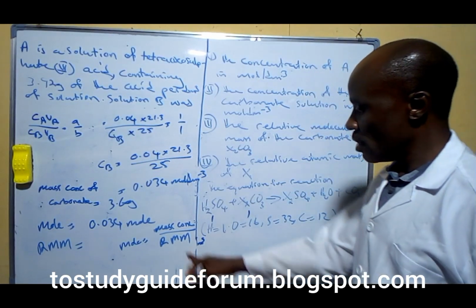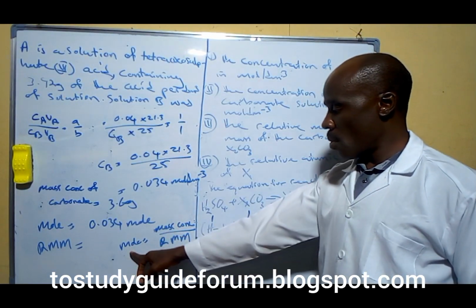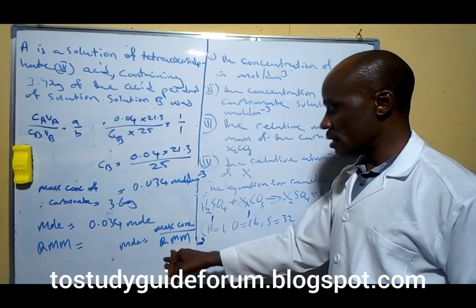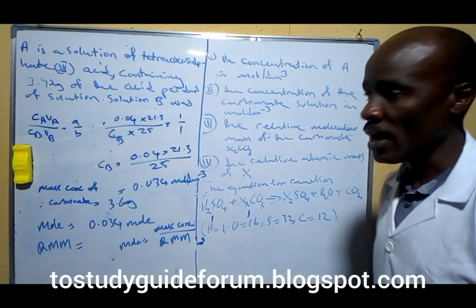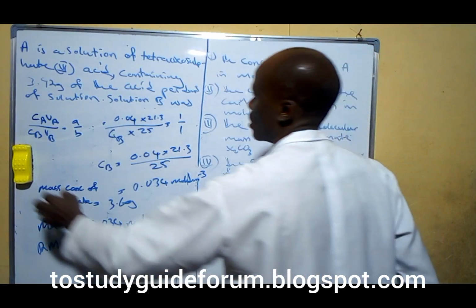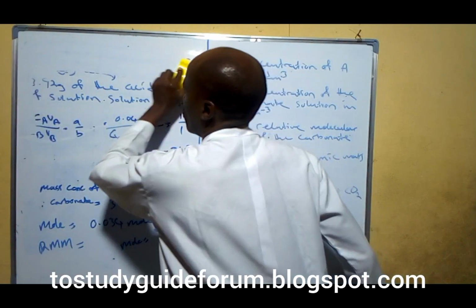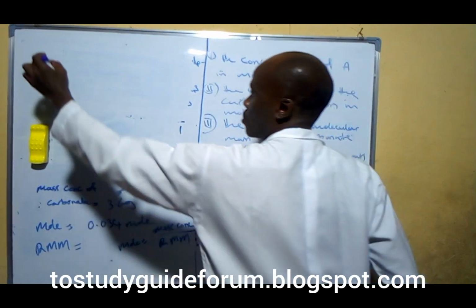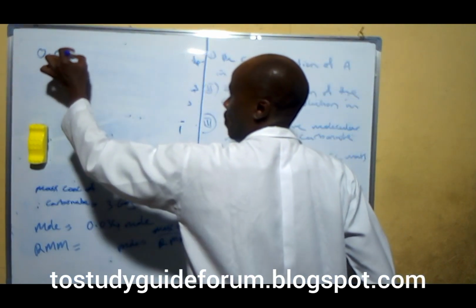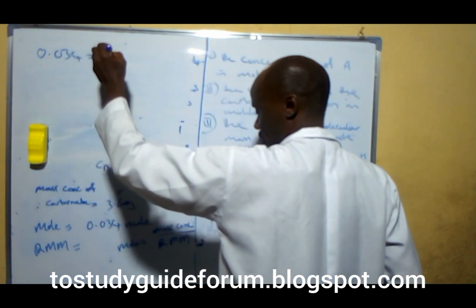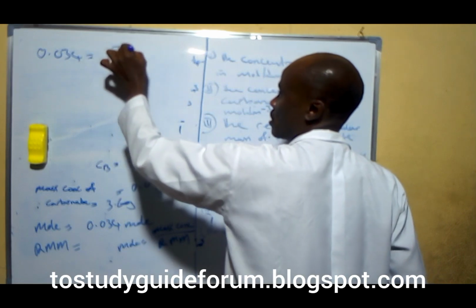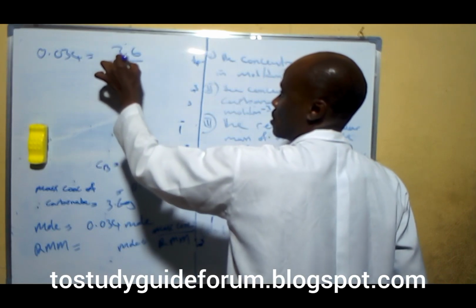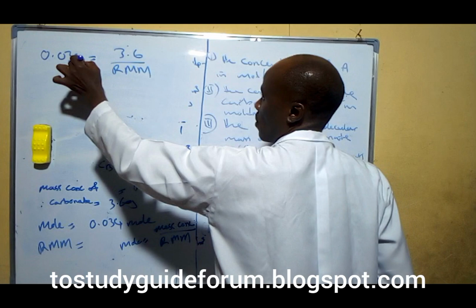So in that case, we have the mole, we have the mass, then we can make the relative molecular mass the subject of the formula in order to get it done. So what we do here, we have our mole, 0.034, equal to mass, which is 3.6, over relative molecular mass. Then we cross over.